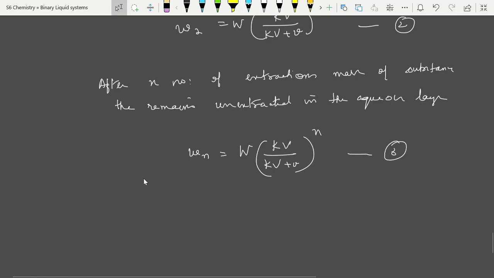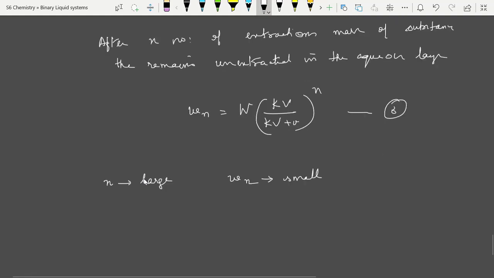From this we can say that when small n is large, that is when the number of extractions is large, Wn, that is the amount remaining unextracted in the aqueous layer, will be small. And after n extractions, the total volume of solvent used for extraction will be n into small v, because n times you have taken small v ml of the organic solvent.